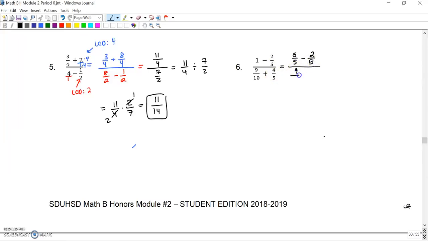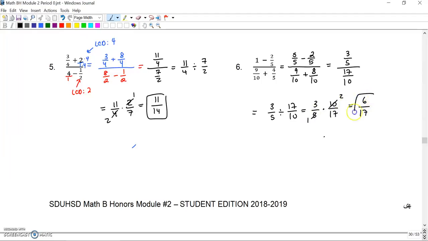Common denominator for the bottom, or the denominator, will be 10. And we end up getting 6/17.